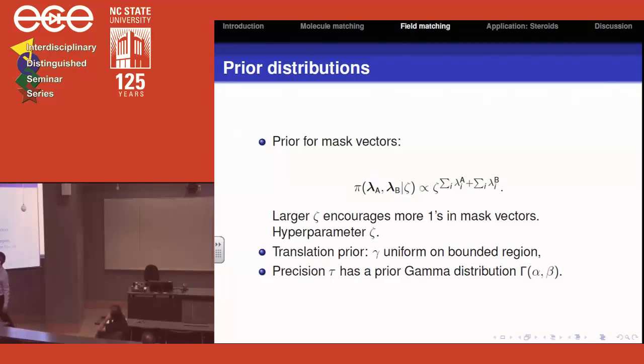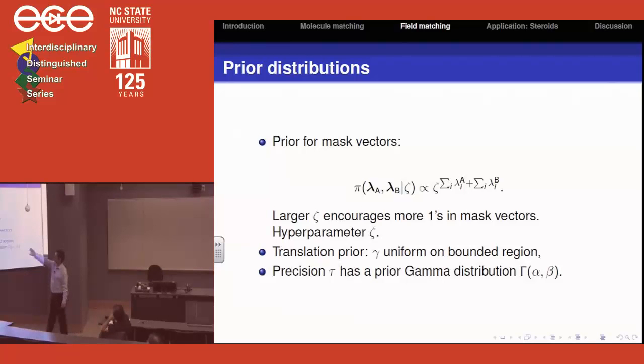The larger it is, the more points it encourages to be in. The other two are not such important prior parameters, but that one is. So if you want a lot of points to match, then the xi parameter needs to be big. If you don't want that many points to match, then it's smaller. So that turns out to be very important.